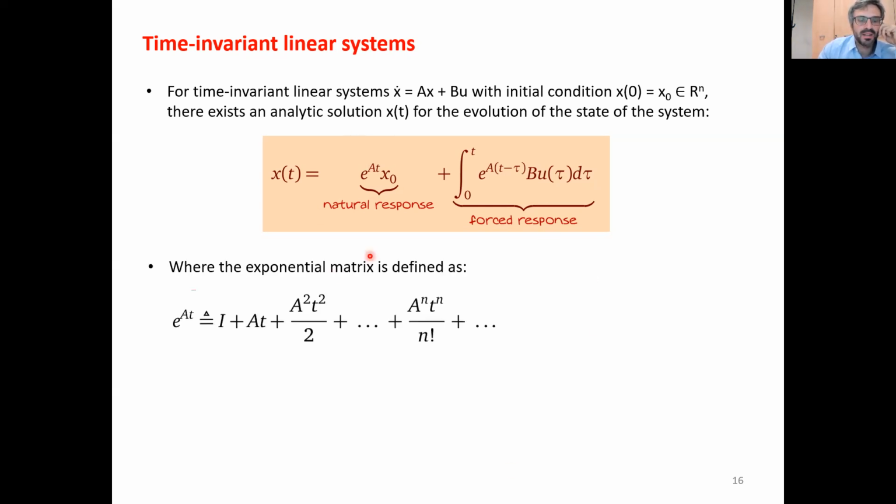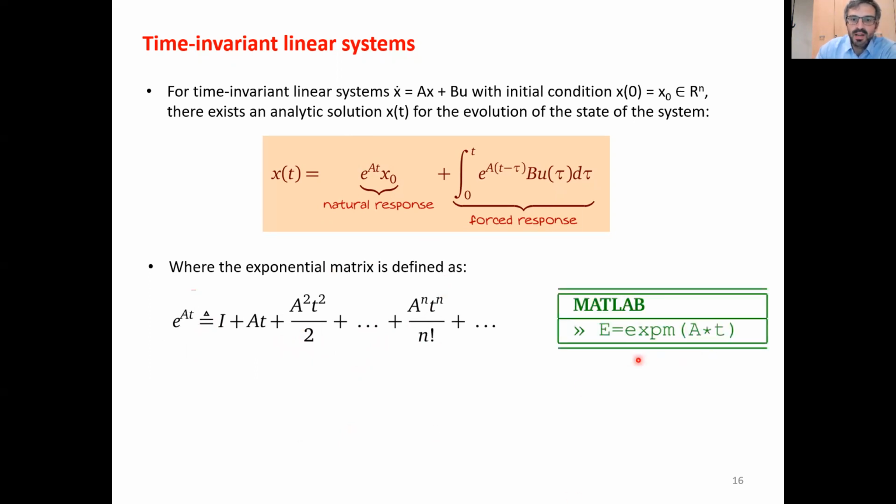The exponential term here is the exponential of a matrix, which is not the exponential of the entries of the matrix, but is more complex and has this shape because you can do a Taylor expansion of that. You can compute the exponential of a matrix with the MATLAB function expm.